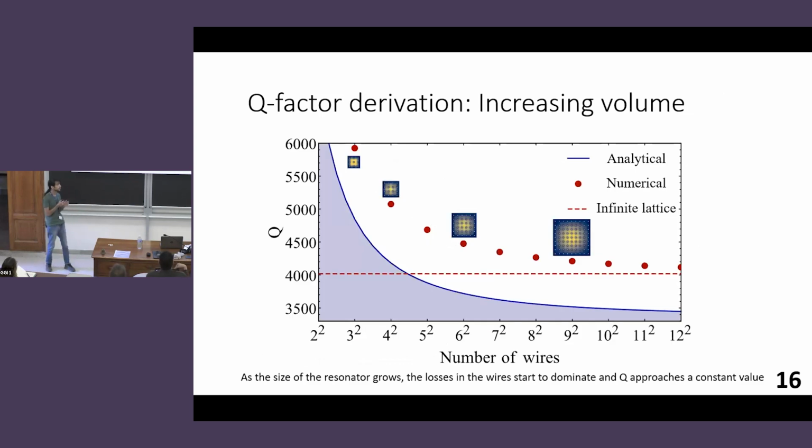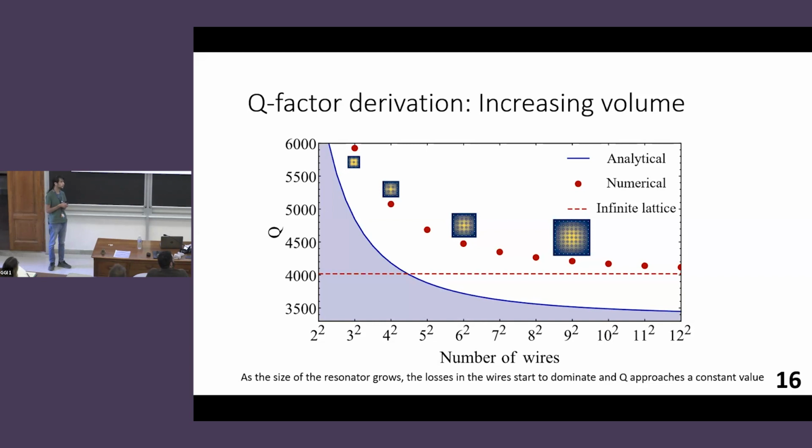So this is what I was talking about. And the behavior you can see here is the losses in the wires are significantly higher than the losses on the walls of the cavity. And as we increase the volume of our cavity, of our resonator, the losses in the wires tend to dominate more and more over losses in the cavity.